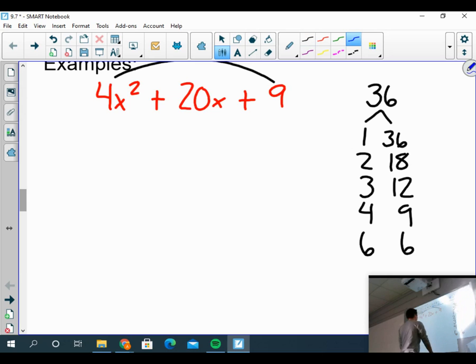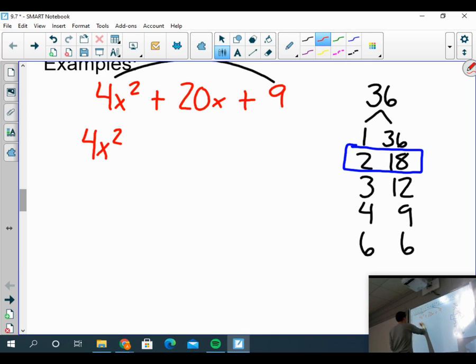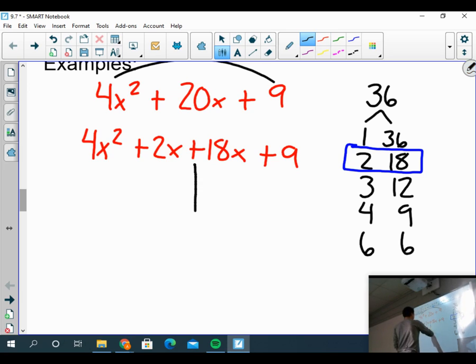And now I look at my middle term and go, which ones will add to give me 20? 2 and 18. So I split the middle at this point. I split my middle term into 2 terms. Then again, if I combined the like terms, they would add to be my original middle. Now I build the wall, as we've seen in previous videos.